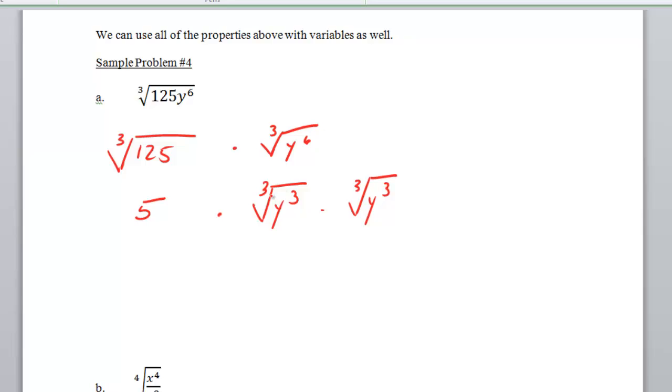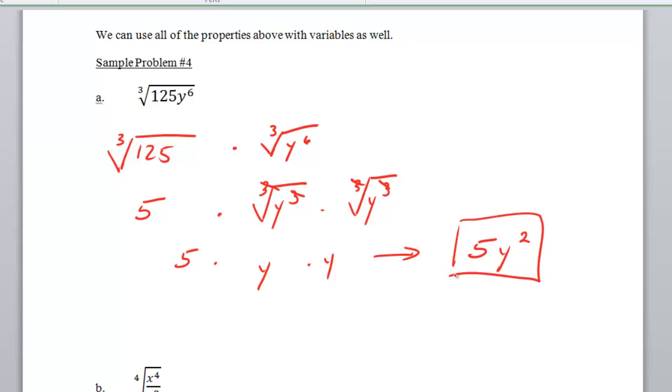And so the y to the 6 is broken up into 2 y to the thirds. And this allows me to use the cube root and break it up twice. Now, that's going to give me y, that's going to give me y, and of course I had 5 out here, so I just need to combine all this back together again, and that's going to give me 5y squared as our final simplified answer.